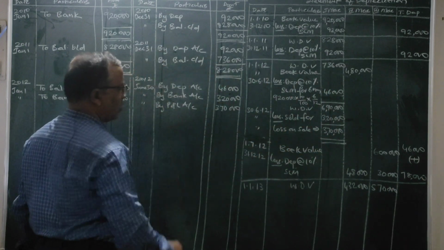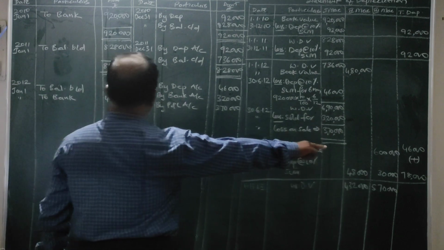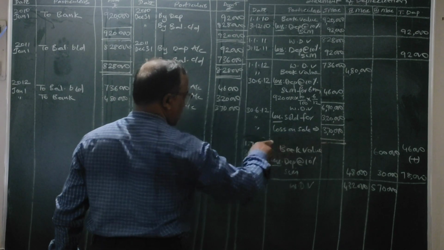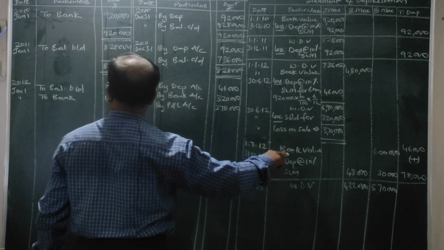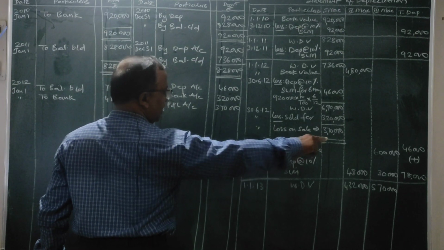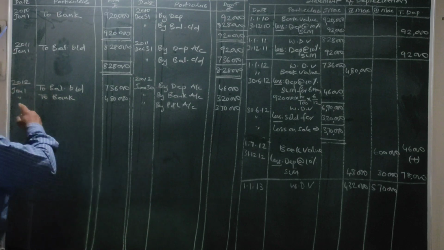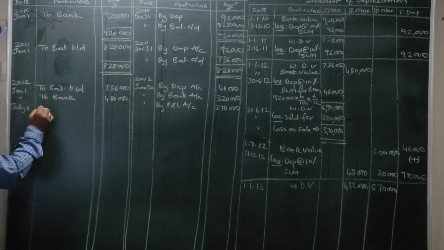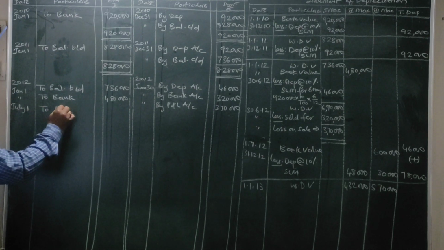Now come to our account there. We have provided depreciation up to this, and done everything up to this particular date. Now what happened on 1st July? You purchased another machine for 6 lakhs. So in the same year on July 1st, when you purchased the machine, your entry will be machinery account debit to bank.